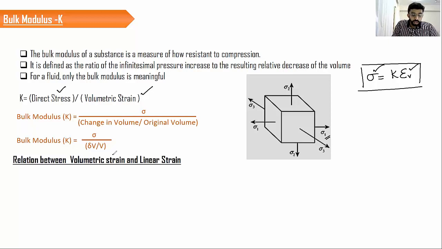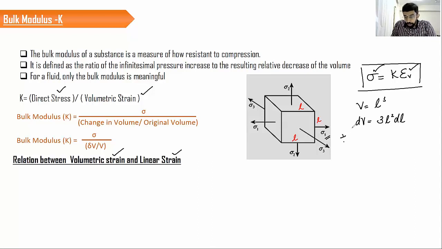Now we need more explanation about the volumetric strain. How can we relate the volumetric strain to linear strain? It's a very important relation that you should keep in your mind. For the time being, we will say that the length, breadth and height of this particular cuboid is L. So the volume is nothing but L cubed, L into L into L. If you differentiate this volume with respect to L, we get 3L squared into dL.